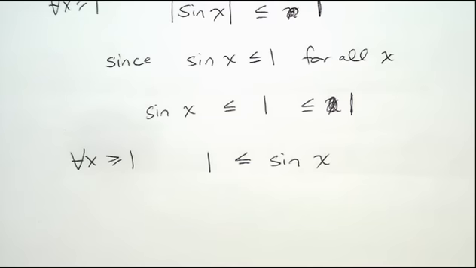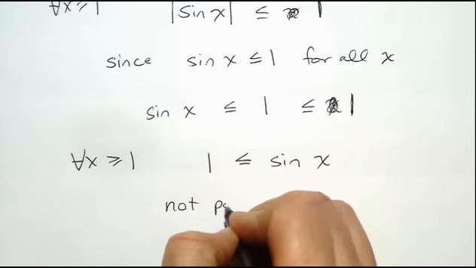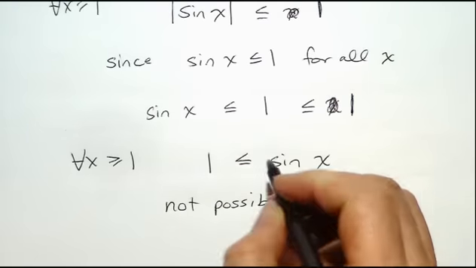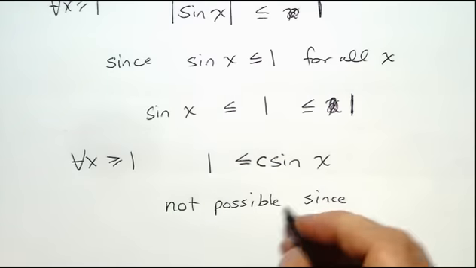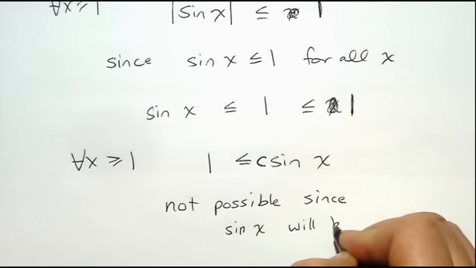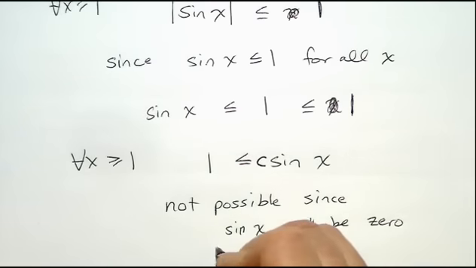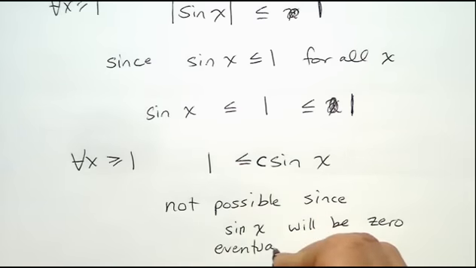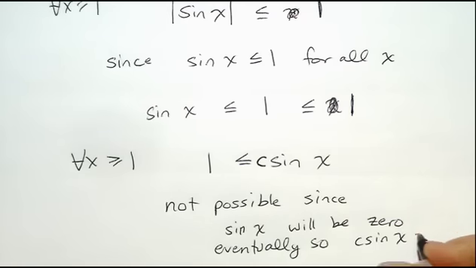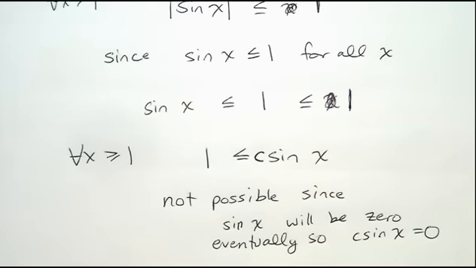And when you multiply 0 times something, it's always 0. So this is not possible. So even if I had a C right there, that's not going to work.